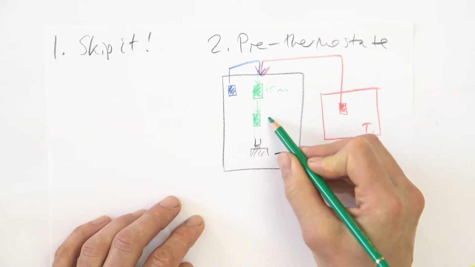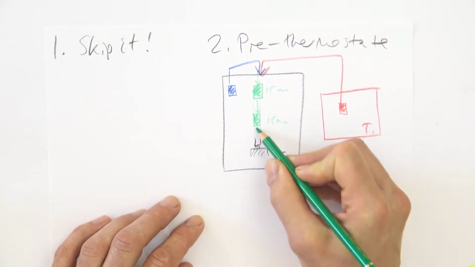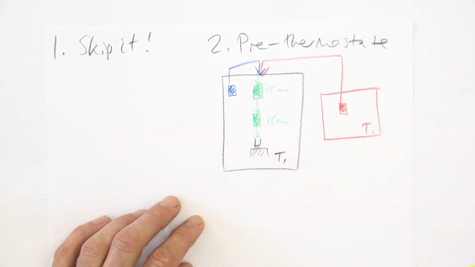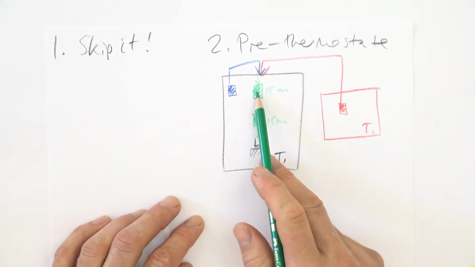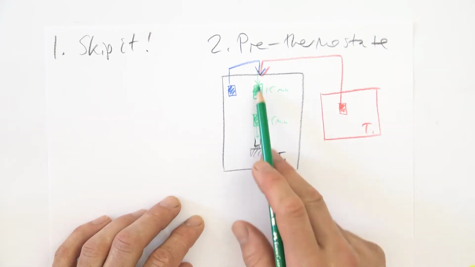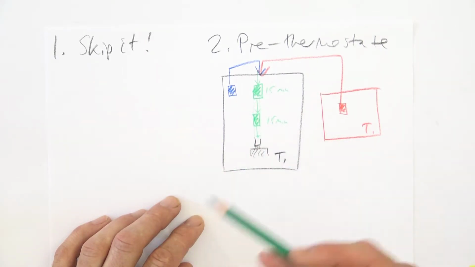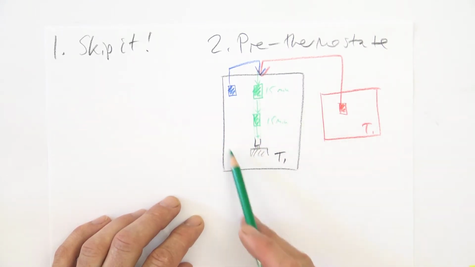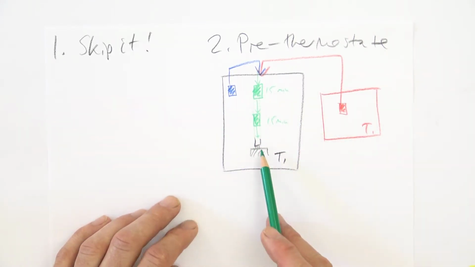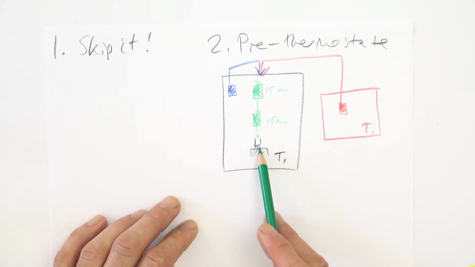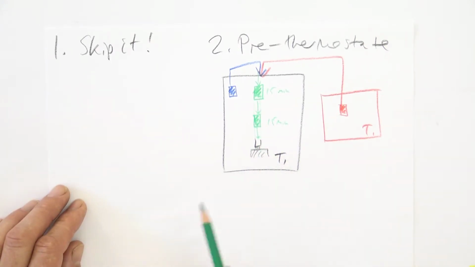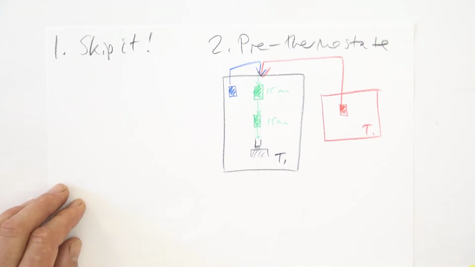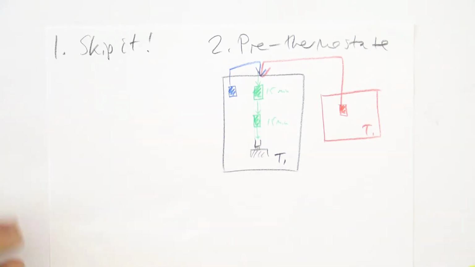Then continue down for another 15 minutes and then go down into the measurement position. At every position here, the sample will equilibrate to the temperature of the calorimeter, and when it finally goes down to the calorimeter, the disturbance will be very small. So these are different ways to pre-thermostate your sample.